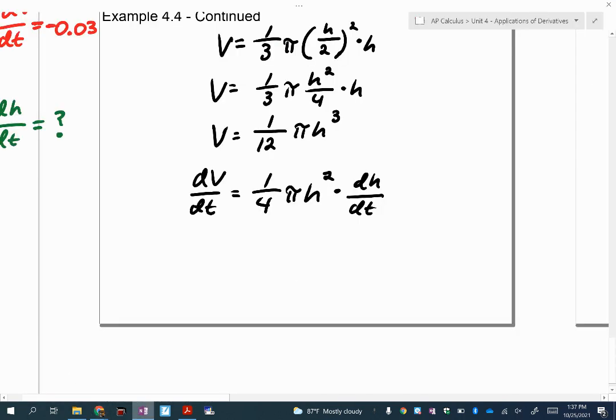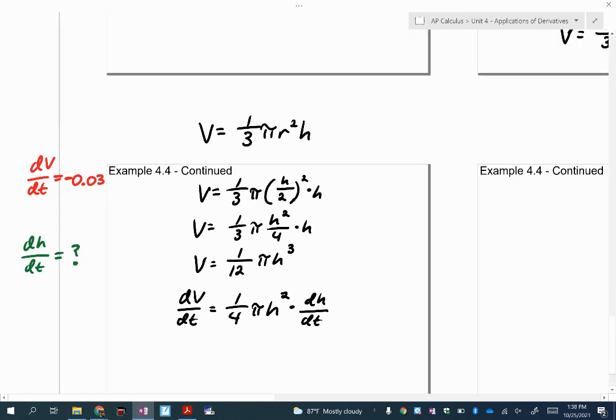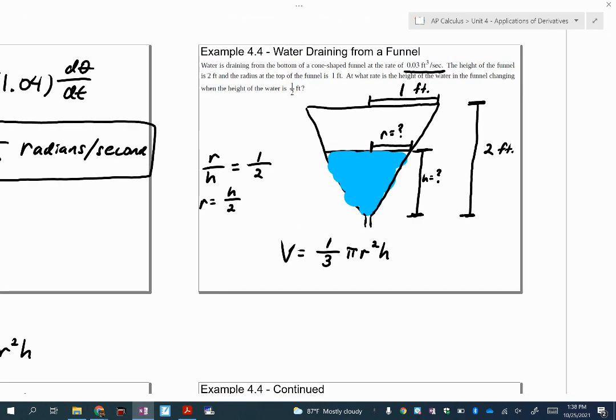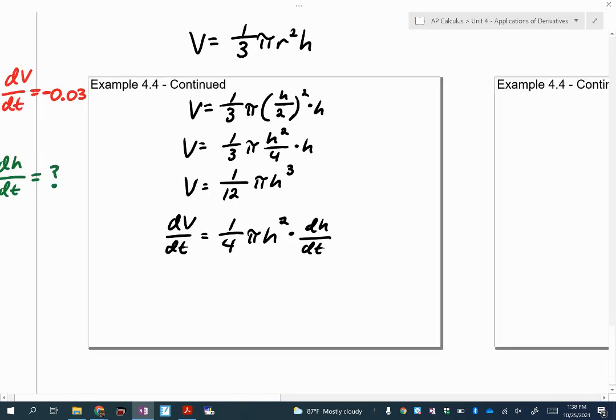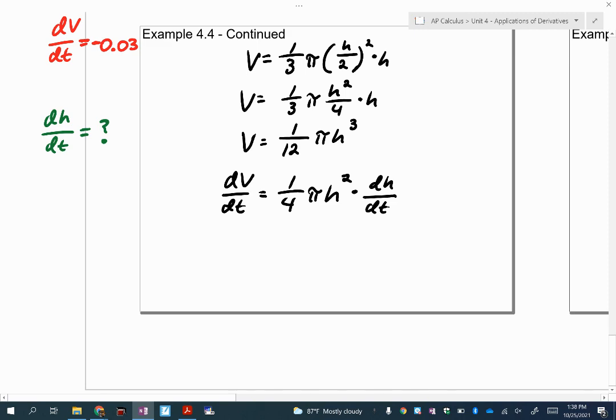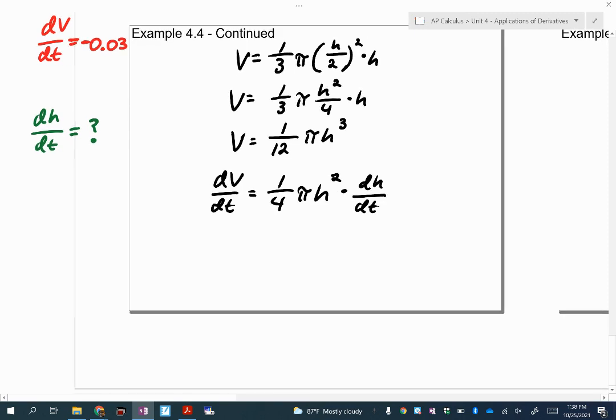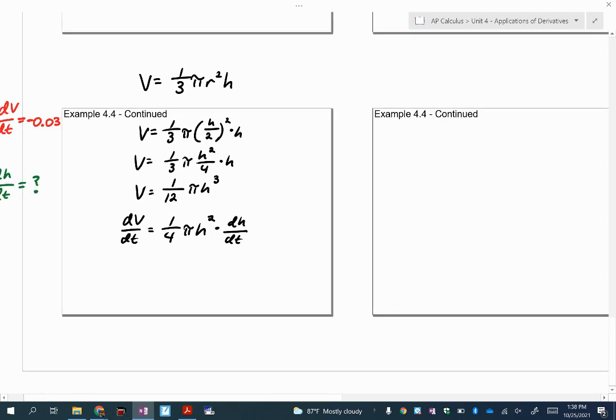Now I'm trying to find dh over dt when the height of the water is at 1/2 foot. It says the height of the water is 1/2 foot. So I'm going to plug in what I know, including that h is 1/2. I'll finish it in my last slide here. So I have dv over dt equals 1/4 times pi times h squared times dh over dt.